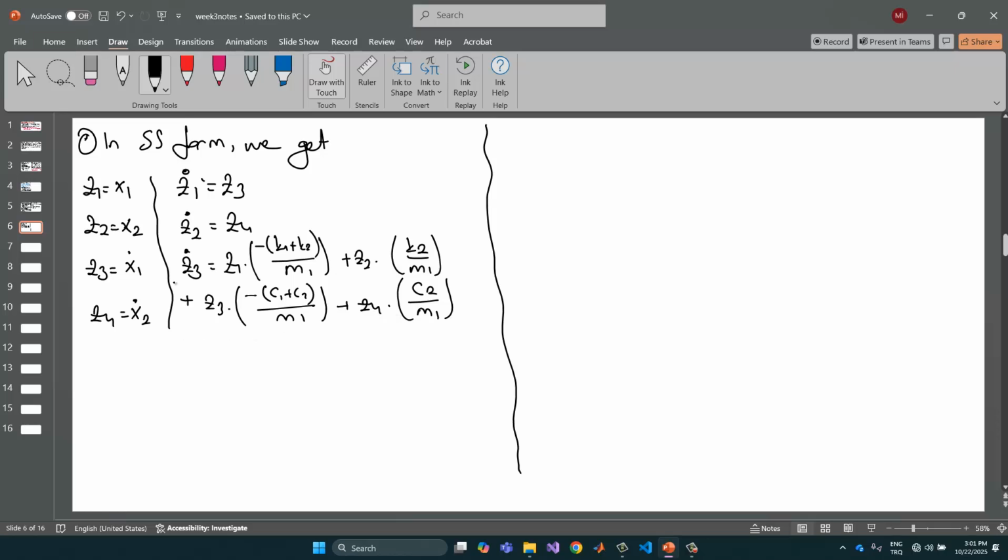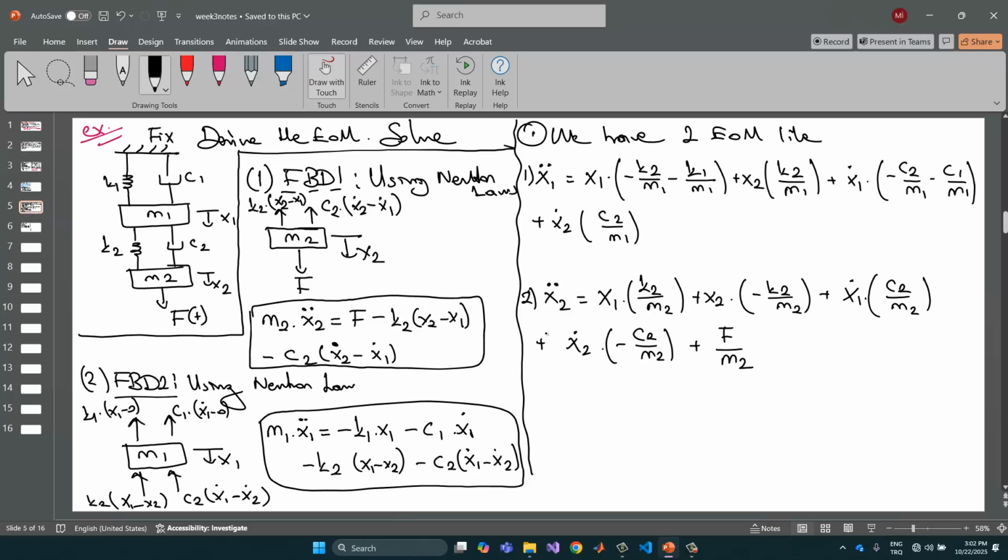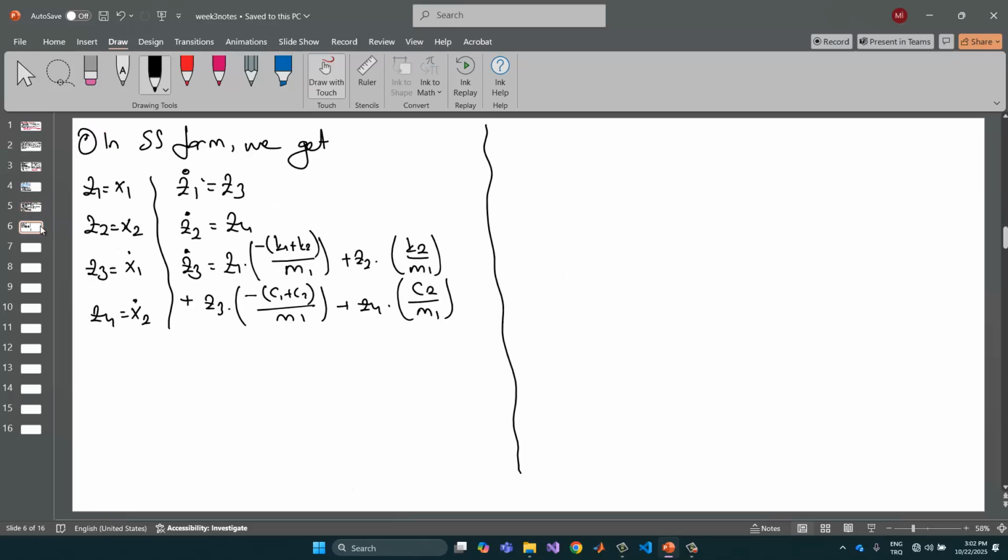How can we obtain this z3 dot equation? Just see that it is coming from this one. Okay, nothing more. And so what about z4 dot?